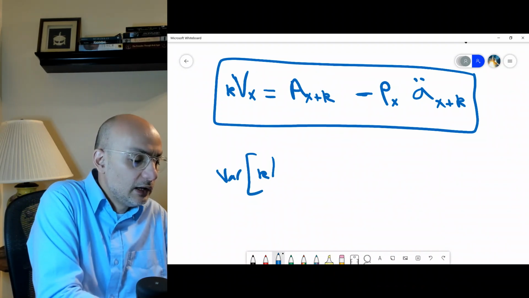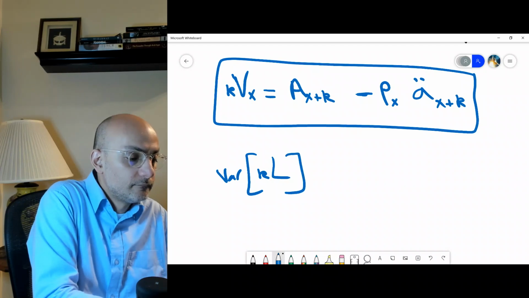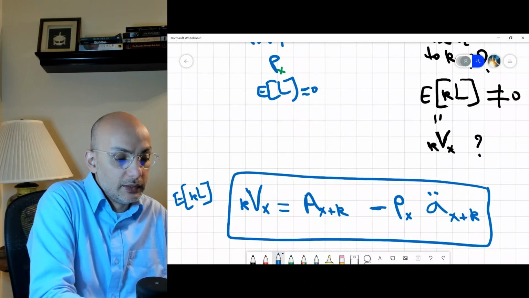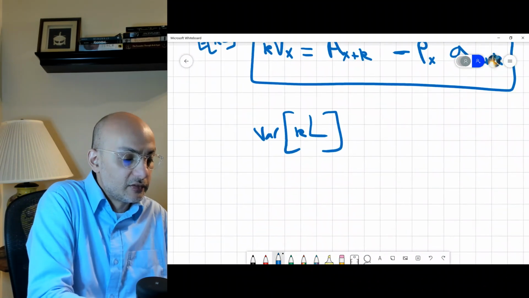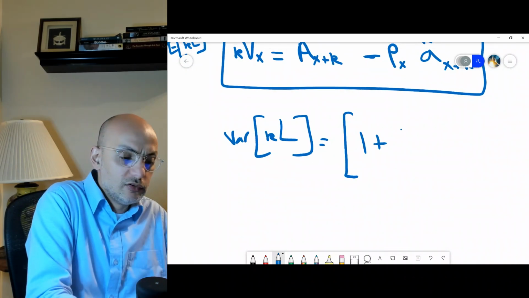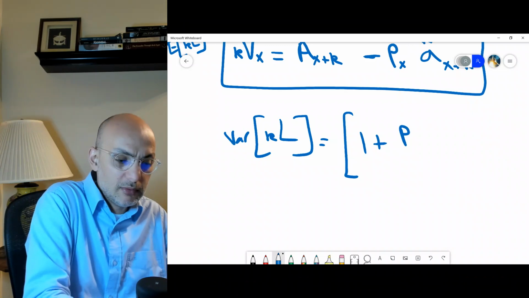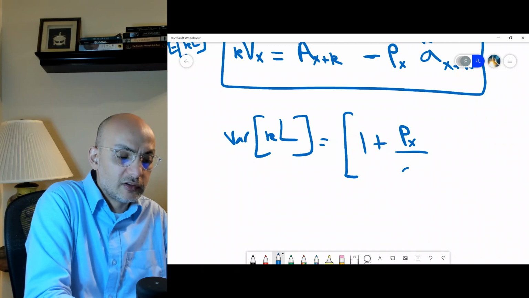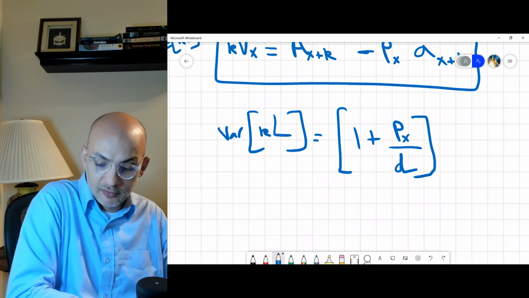And if you want the variance of KL, this is the expected value of KL, and now we need to calculate the variance. The variance is simply the same logic as in the continuous case. You take the premium, but again the premium that is determined at age X, and in the discrete case you divide by d, not lambda, because it's the discrete case.